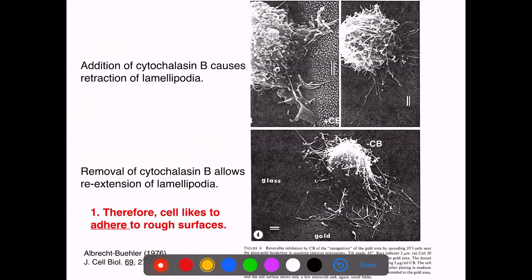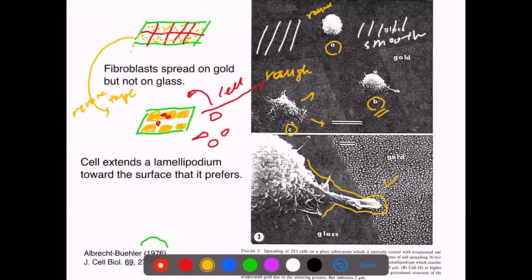And then what people did is they added cytochalasin B in there, and then they were able to block that lamellipodia. So let me just go back, okay? Here. So this is what they call a foot, a podium.